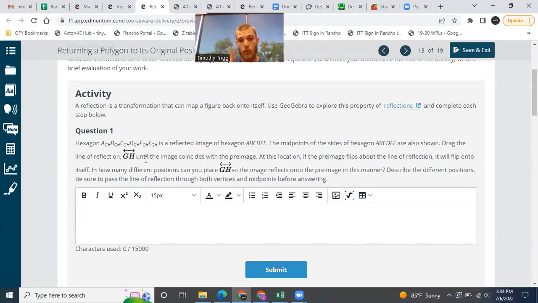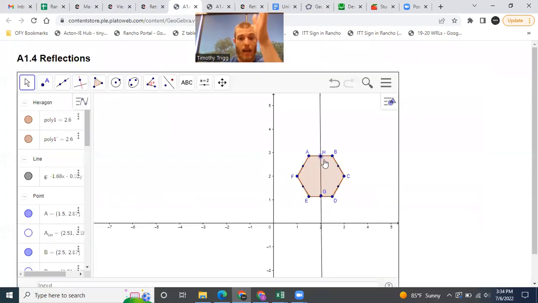So one side through its opposite, or one vertex through its opposite, right? So you could see, for example, where it's at right now, it's through one side and the opposite side, or you could put it on a vertex and the opposite vertex to create another one. So a vertex and its opposite, or the side and its opposite, okay?